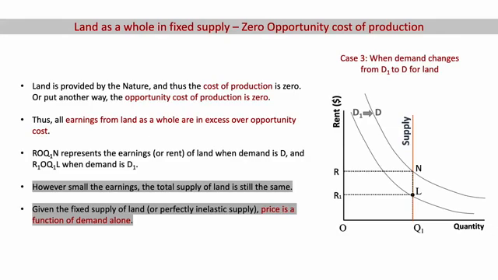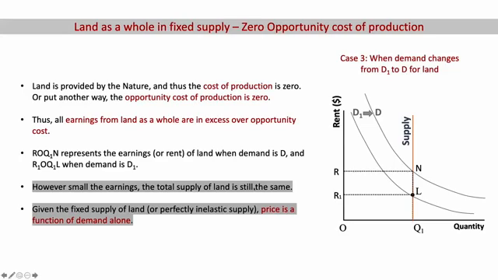We can put this another way and say that the opportunity cost of production is zero, meaning we are not losing anything in producing land because in the first place the cost of production is zero. So there is no alternative good we are giving up to produce land. It's already existing at no cost of production.